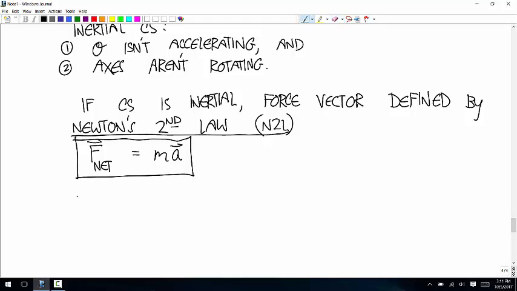And let me define all these values here. F net is the sum of all the force vectors acting on the chosen object.